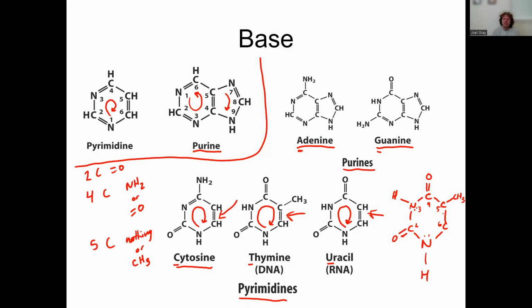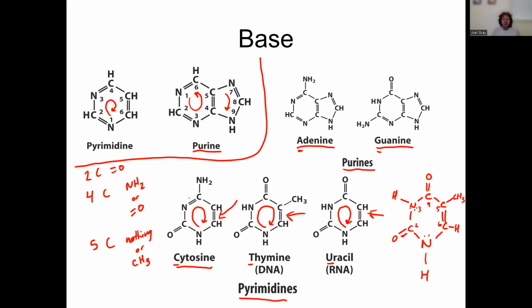And so if it's a resonance stabilized molecule, I'm going to have at least some delocalized electrons. Put that double bond right there. Carbon at position number 5 has 4 bonds to it. Carbon at position number 6 has 3 bonds to it. So I'm going to put a hydrogen there. And I'm good. That carbon at position number 6 has 4 bonds to it.